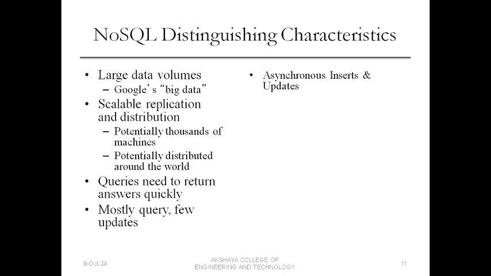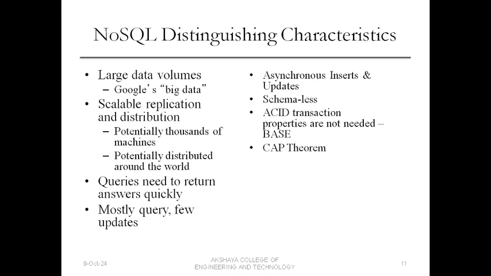And queries need to return answers quickly. Mostly queries will have few updates, and the updates are asynchronous in nature, and it is schemaless, and we are not going to follow ACID properties, and we'll have the CAP theorem. And of course, NoSQL has open source development.